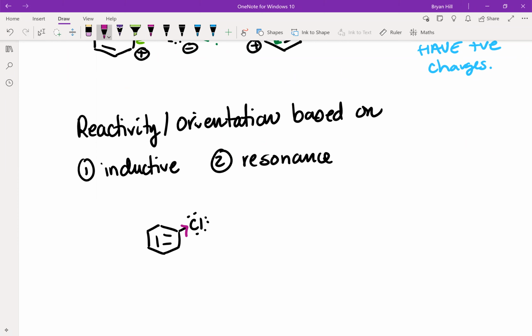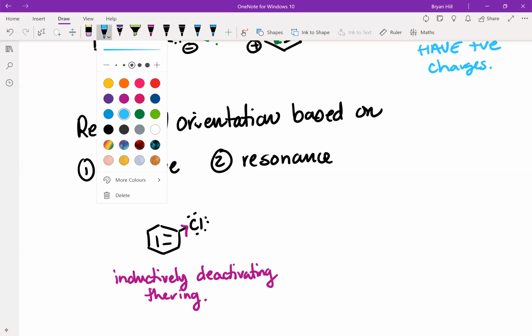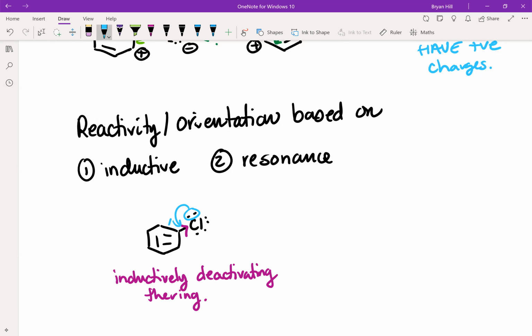So inductively, it's deactivating the ring. But with resonance, it's directing ortho and para.